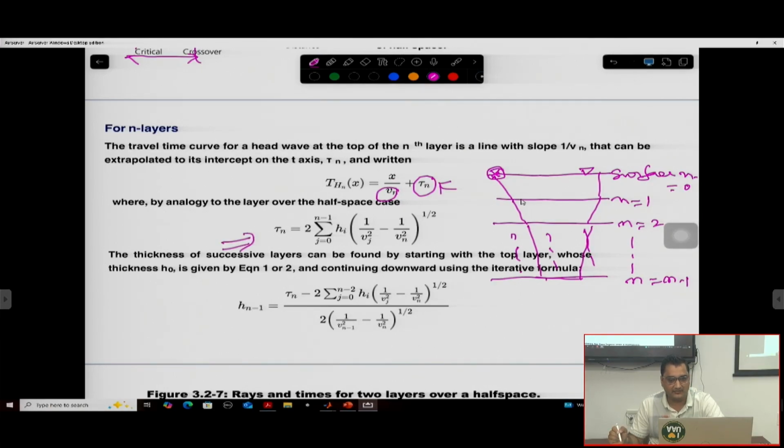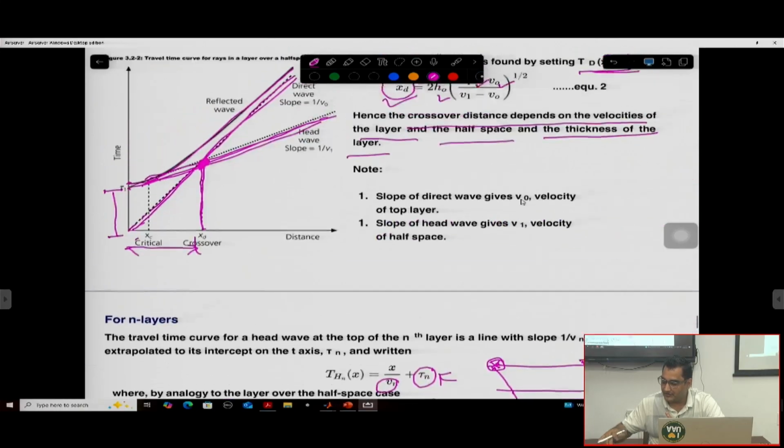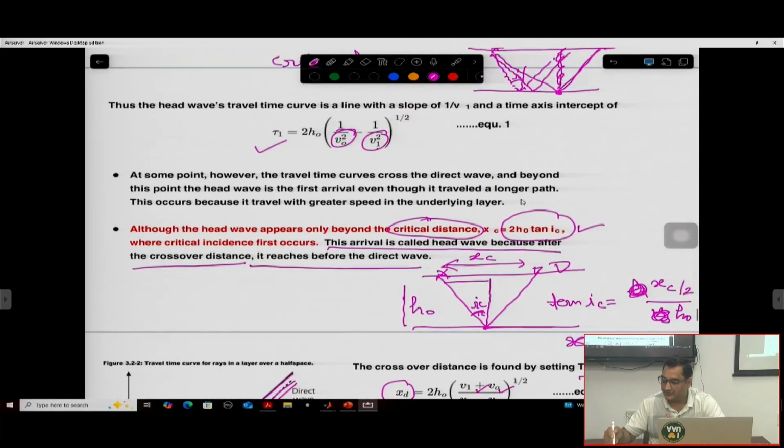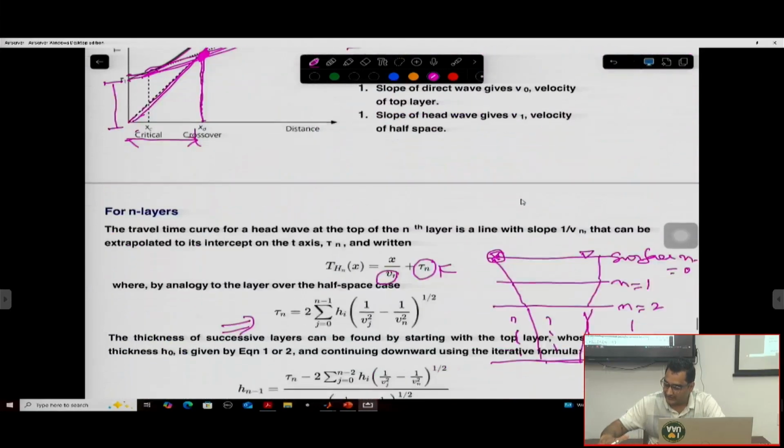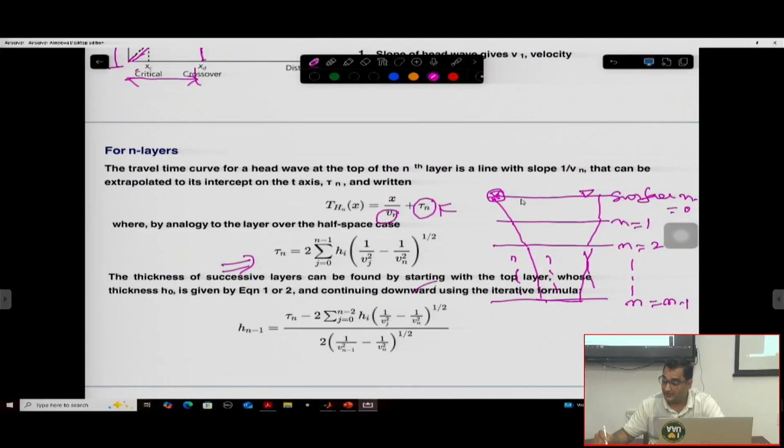If you want to find out this tau n, then you can use this particular relation. That is the same thing, tau n, where there also we were using the tau. So this was the tau here. This also can be extrapolated. When you do it, it will look something like this. You will have to do it for each layer, sigma j equal to 0 to n minus 1, and this should be j, not i: hj times the bracket 1 by vj square minus 1 by vn square.